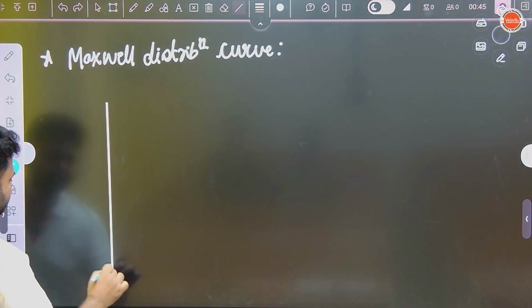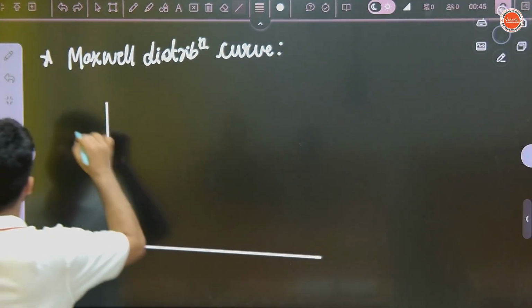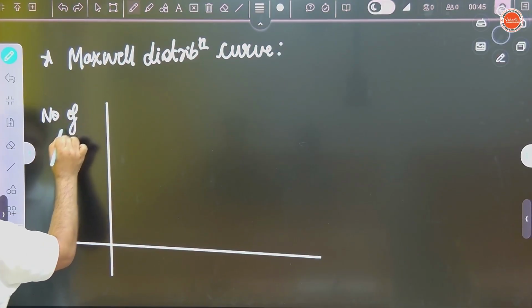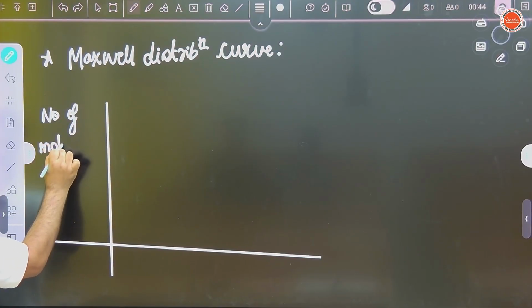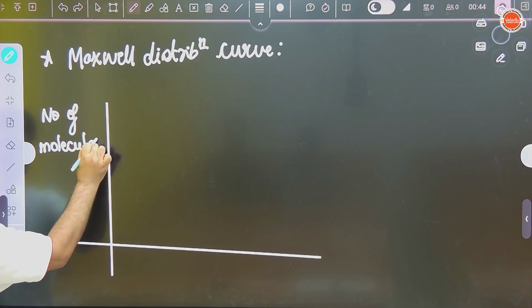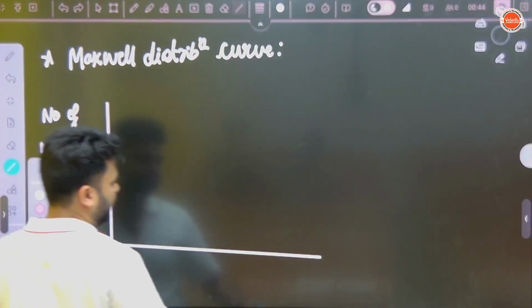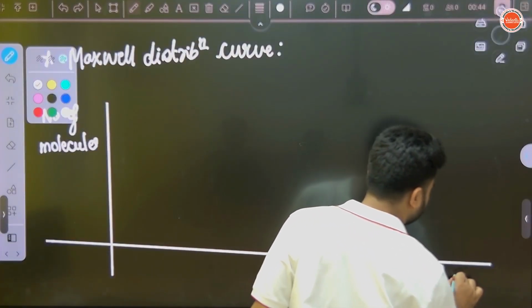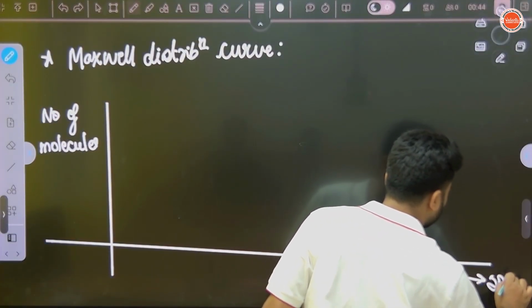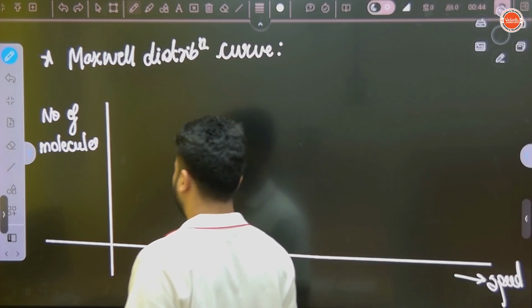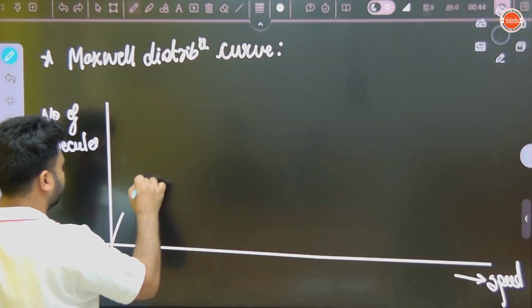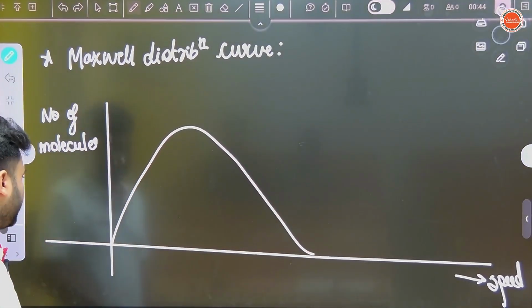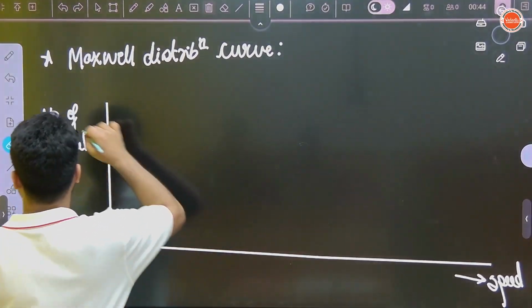See, this is number of molecules, and here they have plotted different speeds. Suppose the graph is like this.